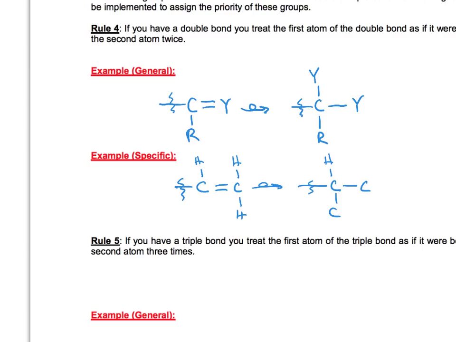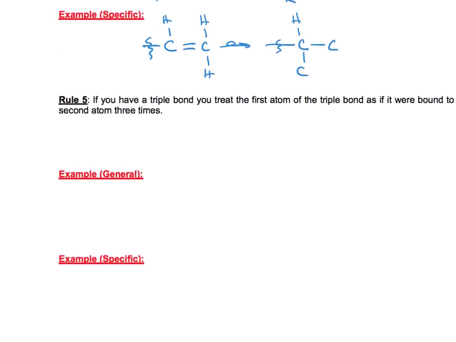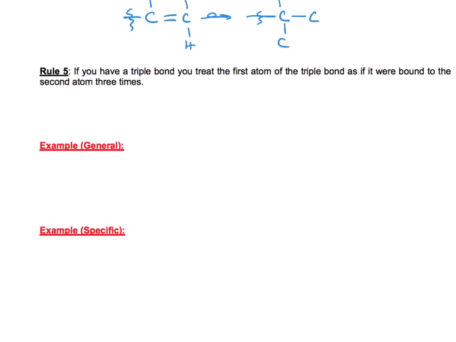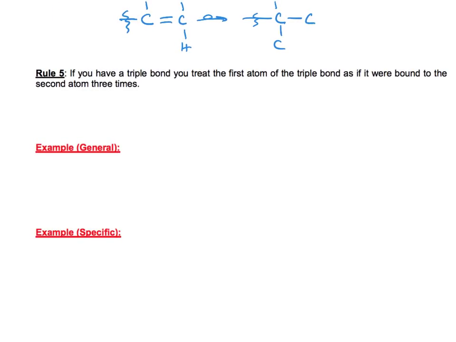So, what if we have a triple bond? Well, it's going to be the same thing. Typically, again, it's going to be a carbon. Doesn't have to be, but it's going to be a carbon, something else triple bond. We treat that as if that first atom of the triple bond is bound to the second atom 3 times. So if we've got something that looks like this, as a general example, here's our carbon.